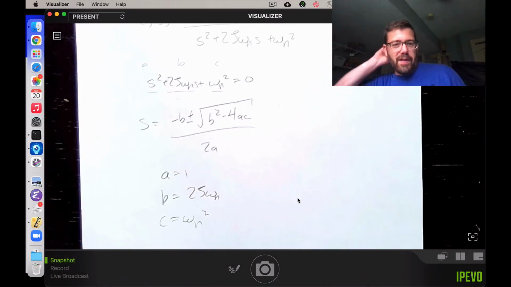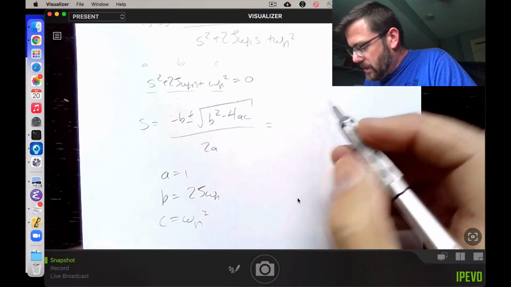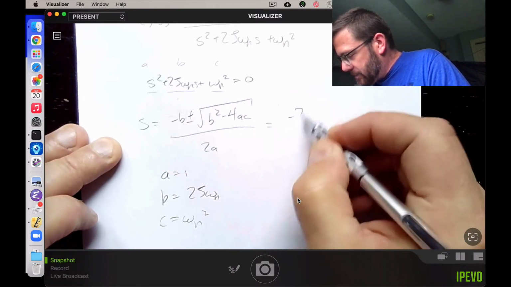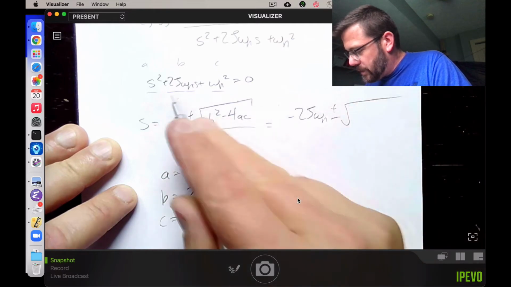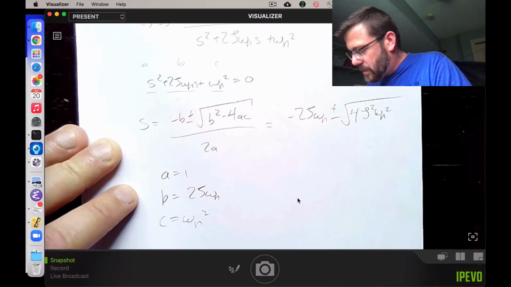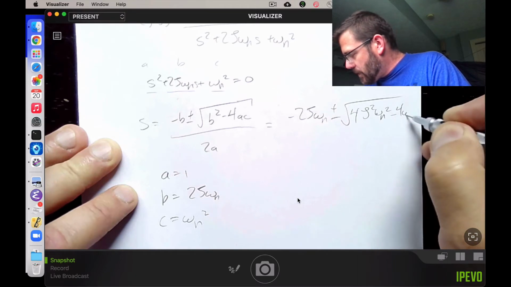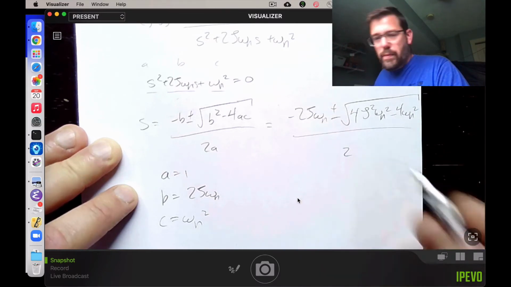And if it makes you feel any better, x is now s in a full high school conversion. So we're talking about negative 2 zeta omega n plus or minus the square root of 4 zeta squared omega n squared minus 4 omega n squared, over 2.